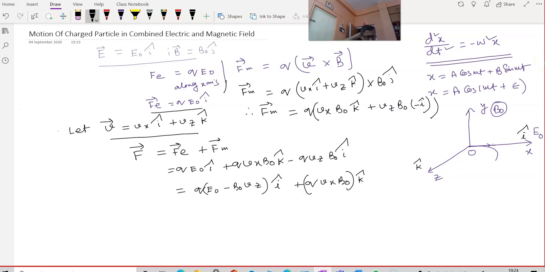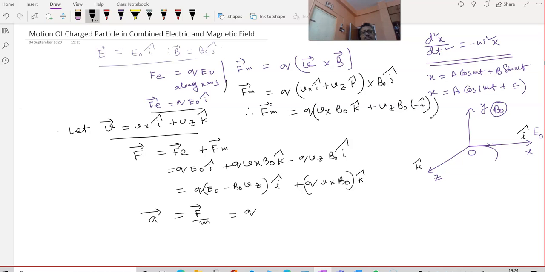And this force, F is equal to Fe plus Fm. Now the acceleration vector you write. Acceleration vector is force vector by mass.